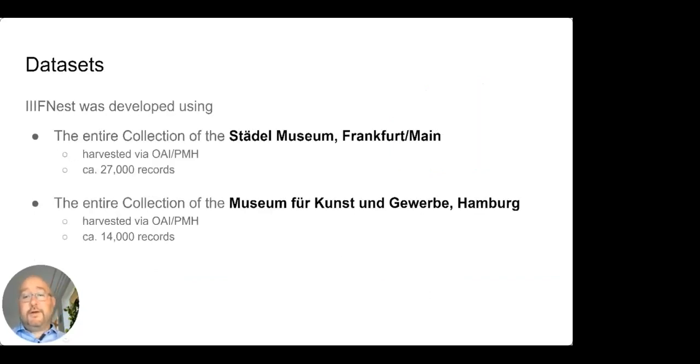During the development of IIIF Nest, we converted the entire online collection of the Städel Museum Frankfurt, 27,000 records, and the entire online collection of the Museum for Kunst und Gewerbe, Hamburg, 14,000 records, to IIIF. Both datasets were harvested using the OAI PMH protocol. However, other interfaces can easily be adapted for IIIF Nest as well.